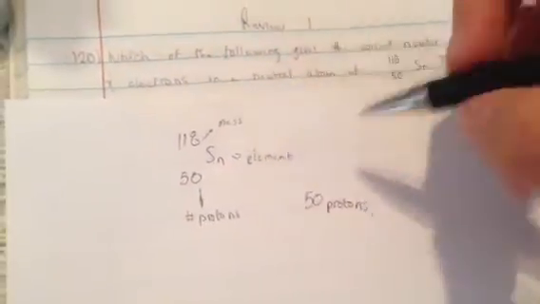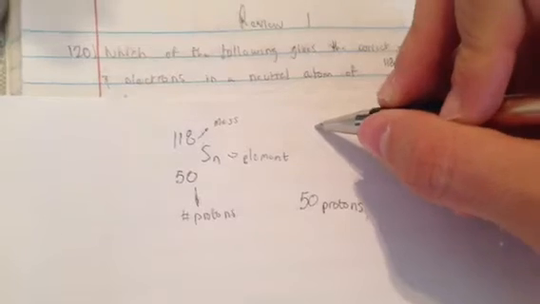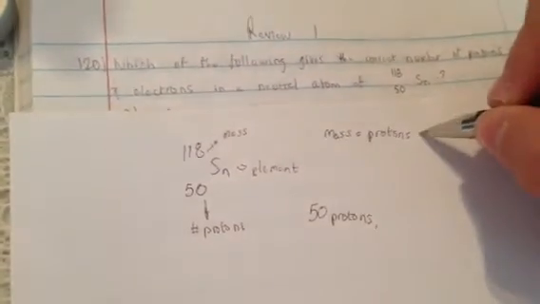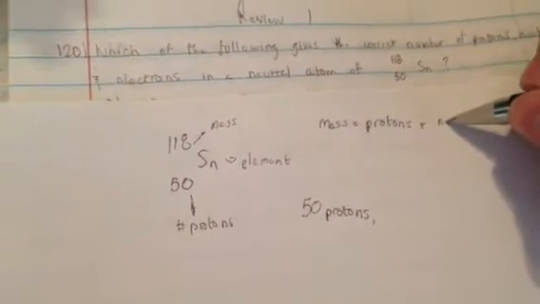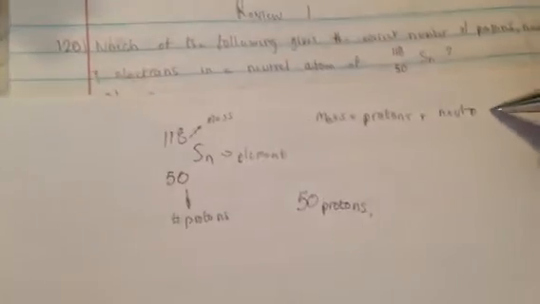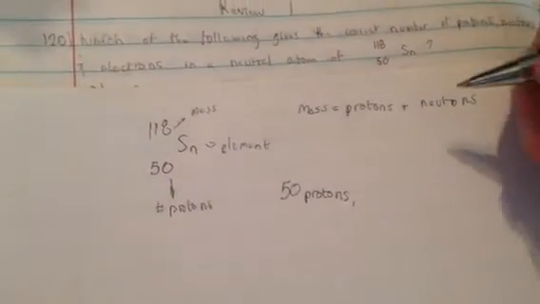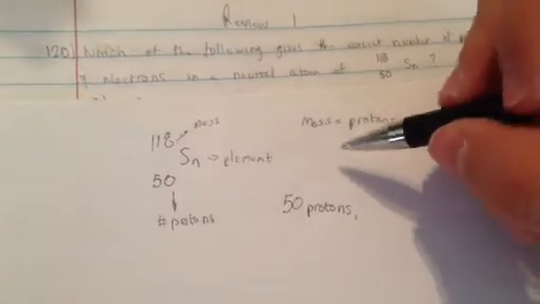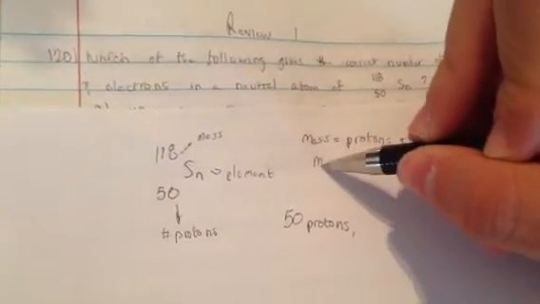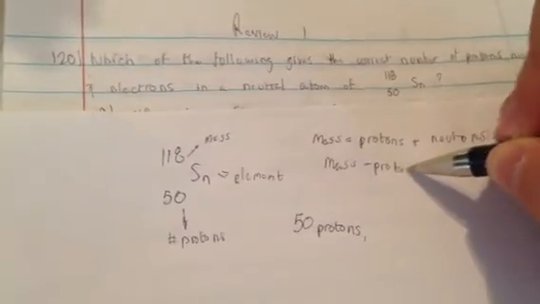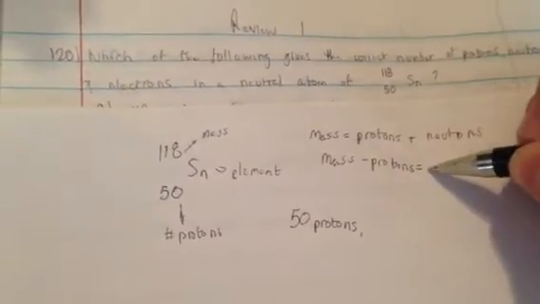But then look at the neutrons. This is our mass, so we know that our mass is equal to the protons plus neutrons. So how many neutrons must we have? We can do the mass minus protons to get our number of neutrons.